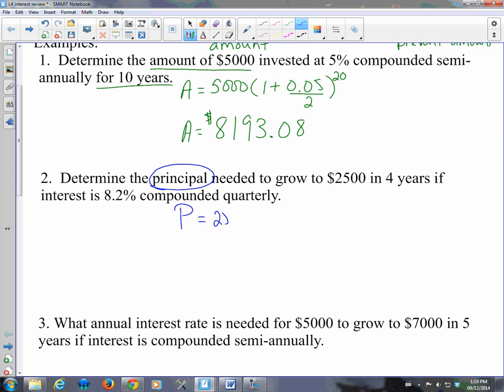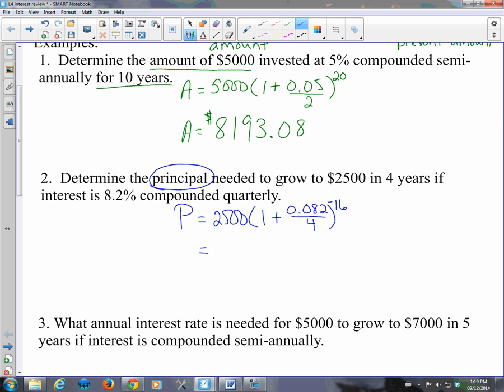So our accumulated amount is $2,500. 4 years compounded quarterly means I'm going to have 1 plus my interest rate divided by 4 for quarterly, and 4 years times 4 times each year is negative 16 as the exponent. And then I should be able to calculate that.